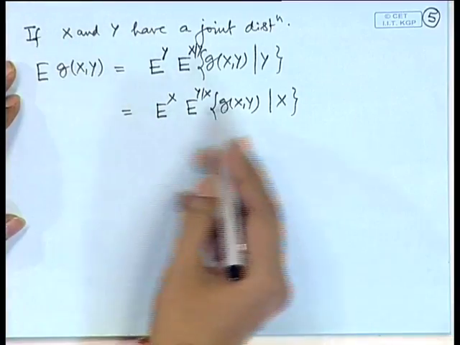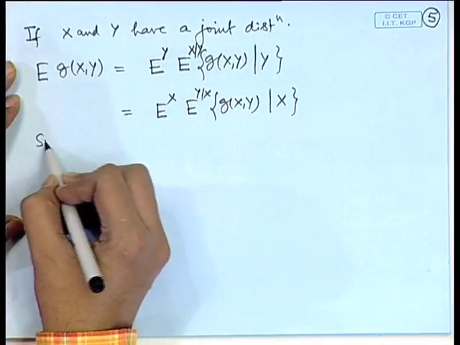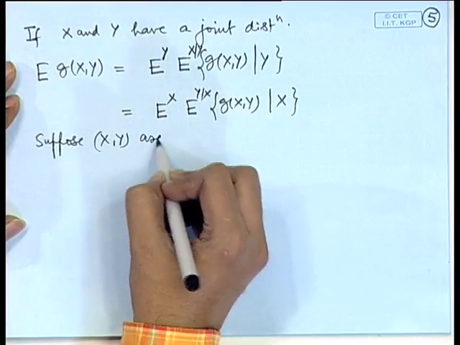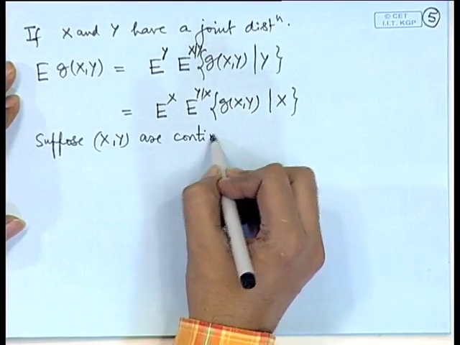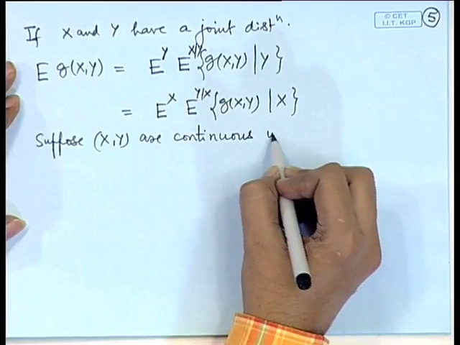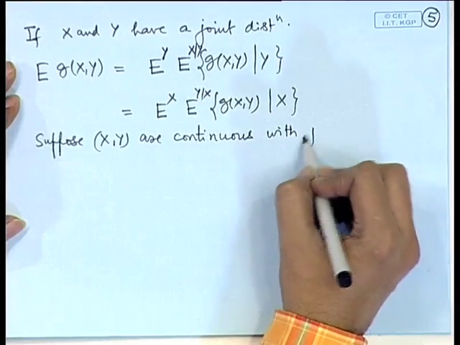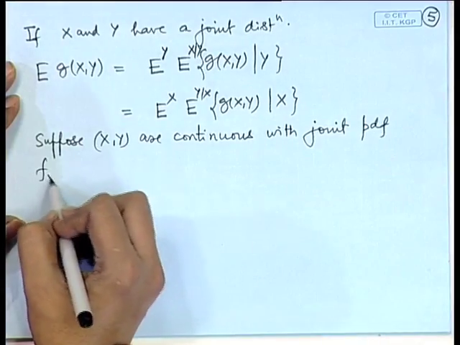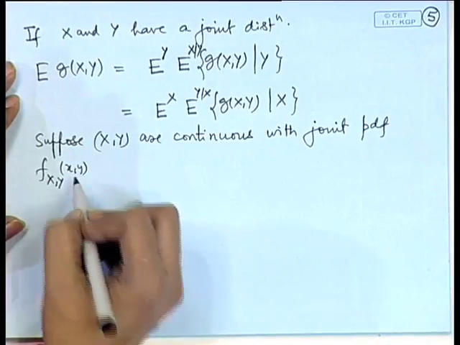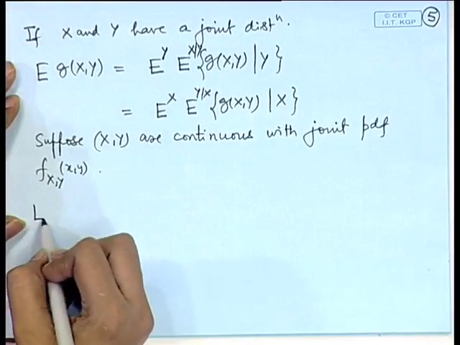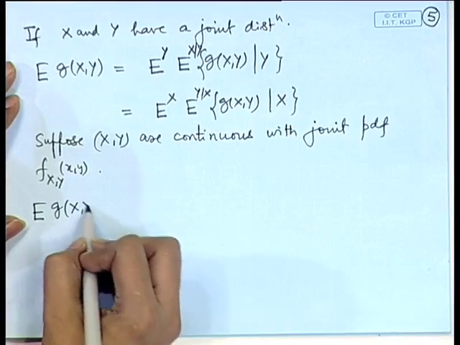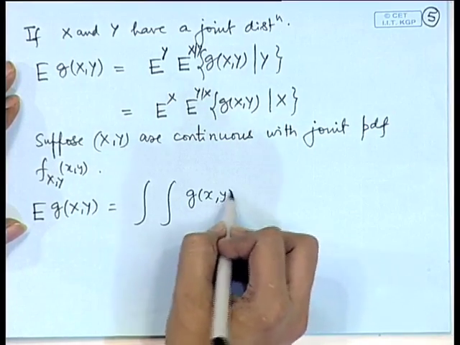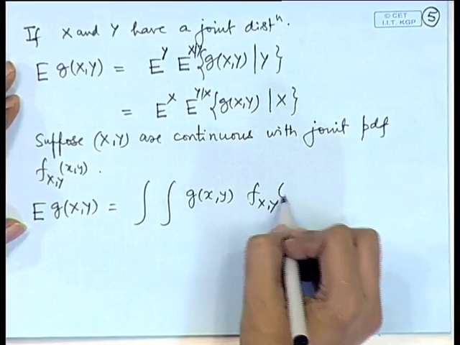Let me give a rough sketch of the proof. Suppose x and y are continuous with joint PDF say f x y. So, expectation of g x y we can express as integral g x y f x y dx dy.